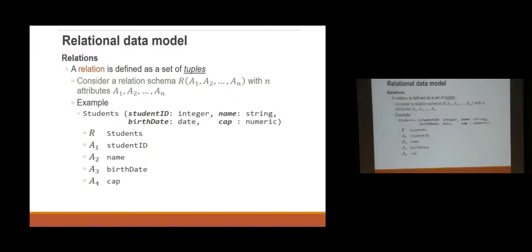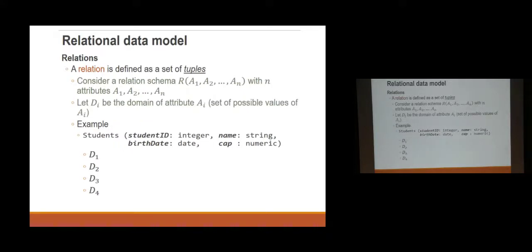But to define a relation, it's not enough to just look at the attributes. We need to also look at the domain. We can specify what the domain is, and because a tuple is positional, we can give the position as a subscript.